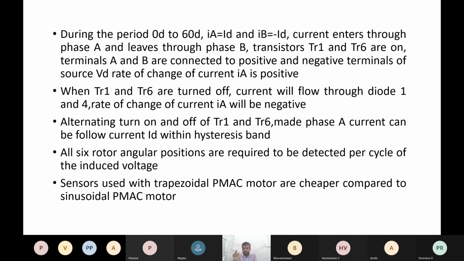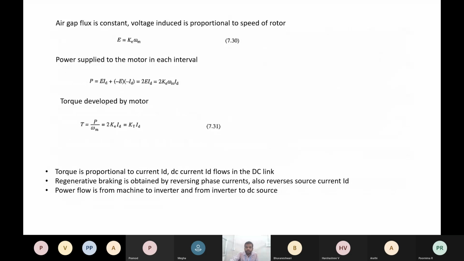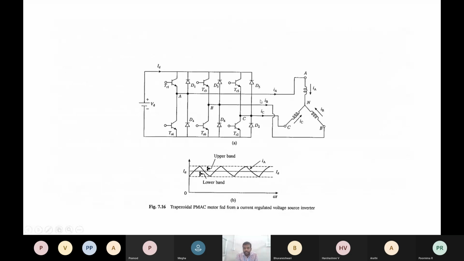So for 0 degree to 60 degree, here IA will be equal to ID, that is, the current flowing through phase A will be equal to the source current, and similarly the current flowing through phase B. So for the duration 0 degree to 60 degree, IA will be equal to the DC link current and IB equal to the negative of the DC link current.